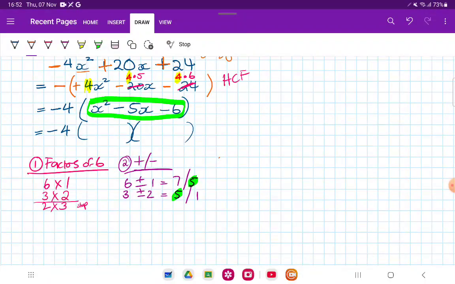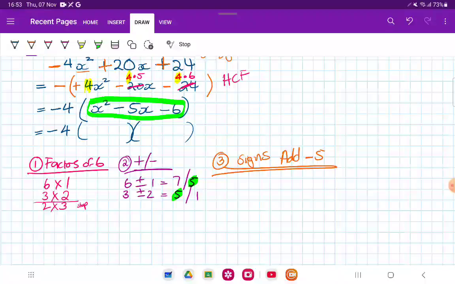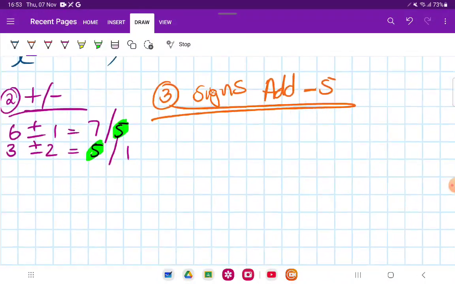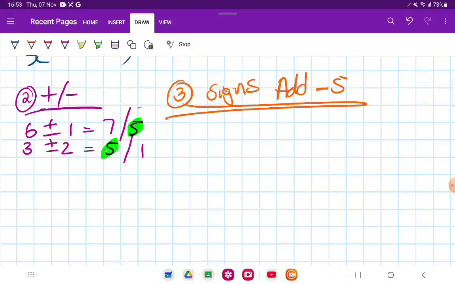So step 3 is going to be about the signs, right? First, let's add, and we're looking for -5. So let's have a look. This was a minus sum, and this is a plus sum, right? So let's do the first row. 6 minus 1 equals +5.